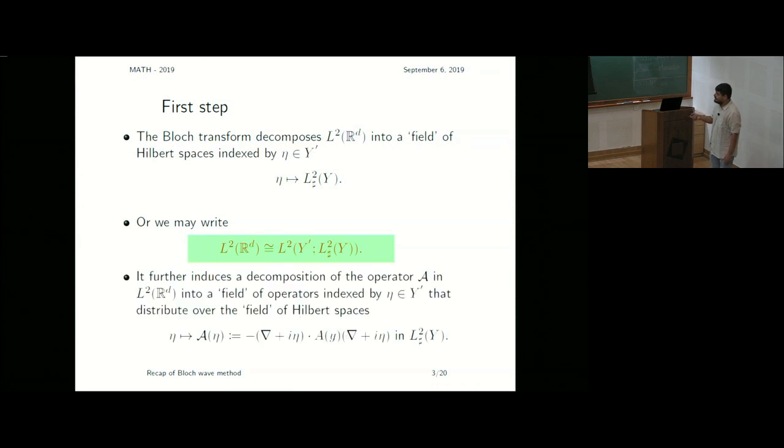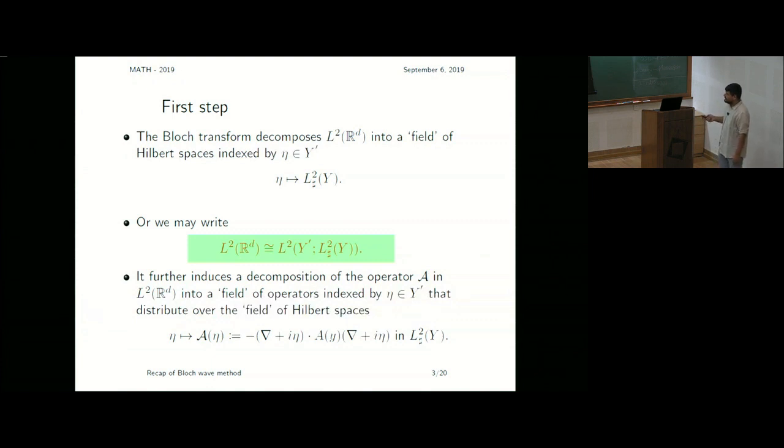This Bloch transform also decomposes the operator A into a field of operators. So we get this operator called the shifted operator, which is parametrized by eta in Y prime, and these operators act on this space. This decomposition sort of distributes over the previous decomposition of the Hilbert spaces.